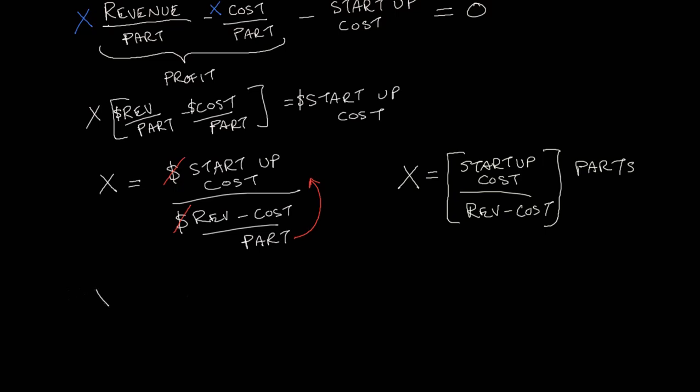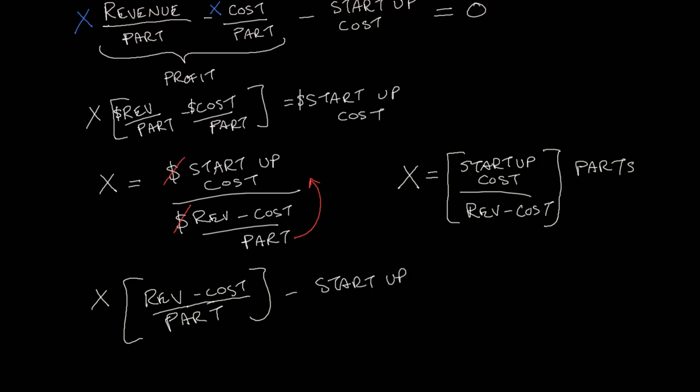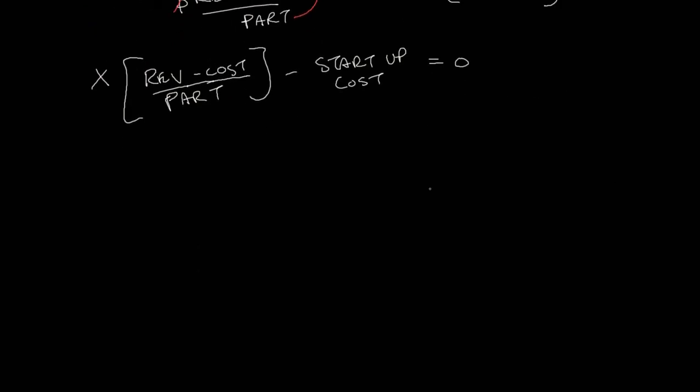So X, your revenue minus your cost per part minus your startup cost equals 0. So let's look at this.